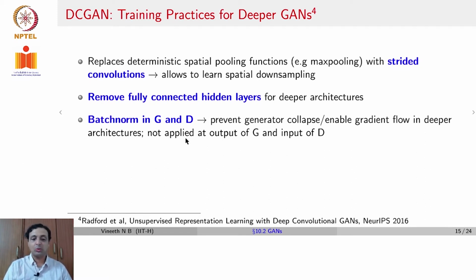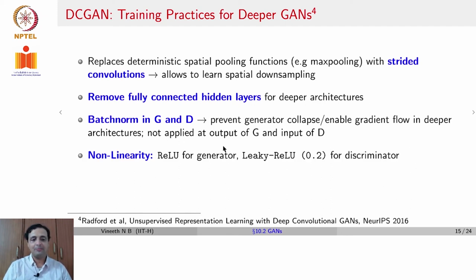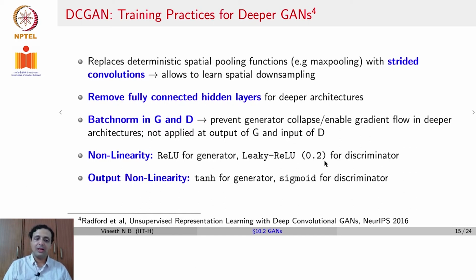However, batch normalization was not applied at the output of G and the input of D. It used a ReLU nonlinearity for the generator and a leaky ReLU nonlinearity for the discriminator. And finally, for output, for the generator, it used a tanh nonlinearity, that was the final output of the generator. And as before, a sigmoid activation was used in the output layer of the discriminator. That's to say whether an input is real or fake.